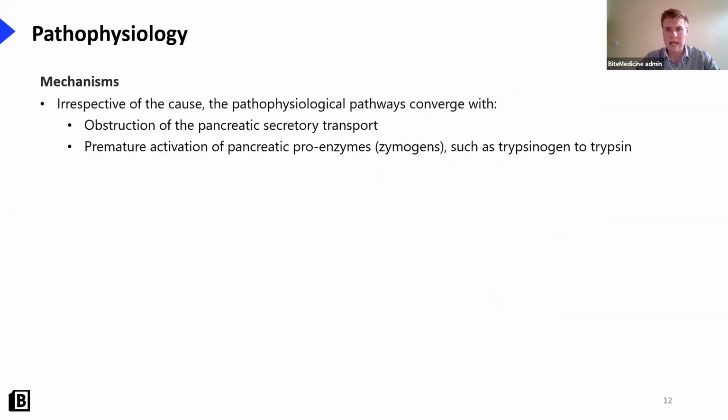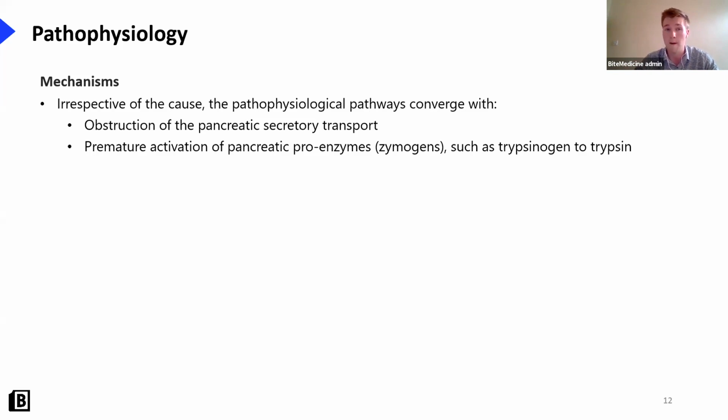Well, irrespective of the causes, and I know medical students and junior doctors are always so excited by the causes of pancreatitis because it comes with a fun mnemonic, all of the pathophysiological pathways converge with two major things, one being obstruction of the pancreatic secretory transport.